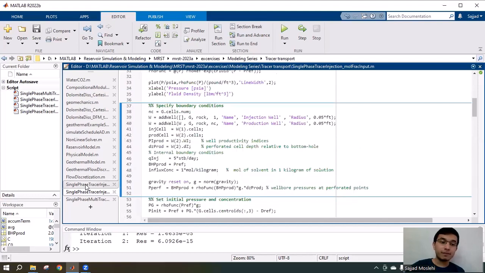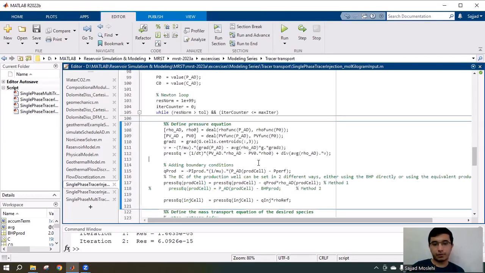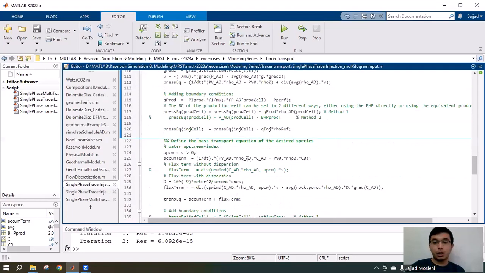In the previous script, what we had here was mole per second, because pore volume multiplied by density is kilogram, and kilogram multiplied by mole per kilogram gives us mole, and mole per second is what we have.